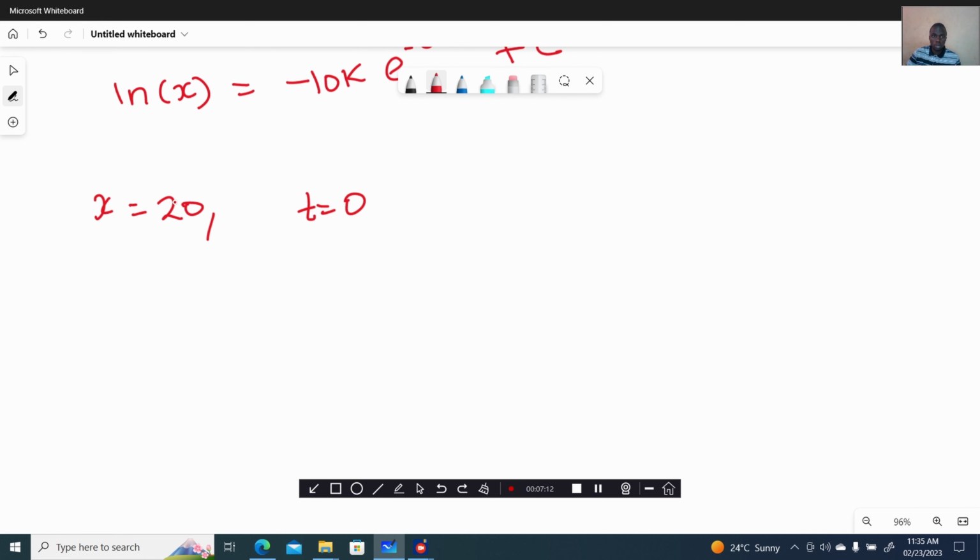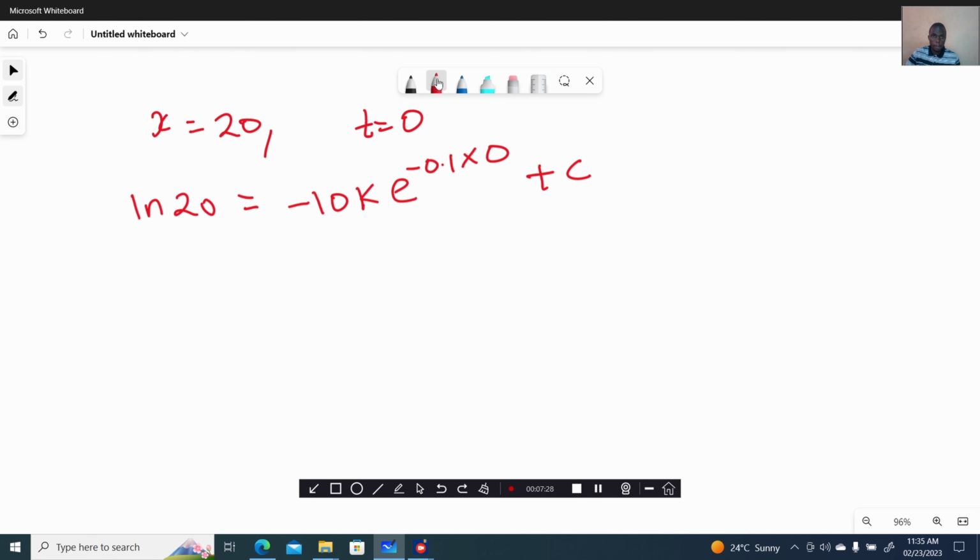So we have ln 20 equal to negative 10k e to the power of negative 0.1 times 0, plus c. Negative 0.1 times 0 is 0, and e to the power of 0 is 1. So negative 10 times 1 gives negative 10k, plus c. So our value of c is ln 20 plus 10k.